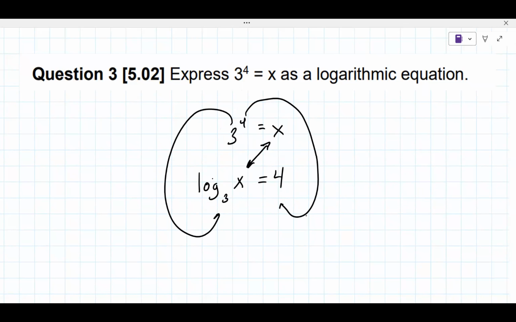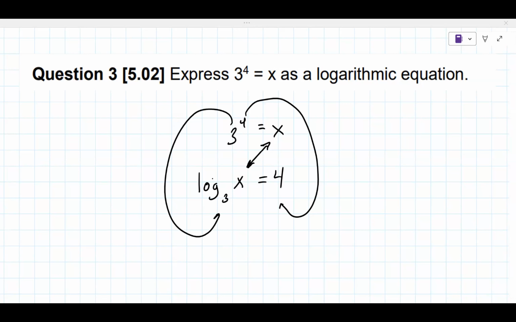Some people call it the candy cane. You have to know how to go back and forth. There are two types of questions they give you: rewrite the exponential as a log, or rewrite the log as an exponential. And that is it. I do remember that part. Okay, good.